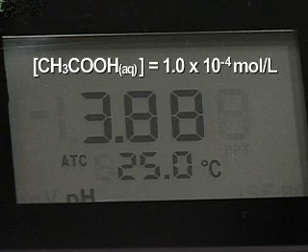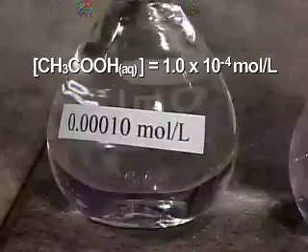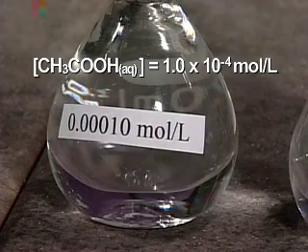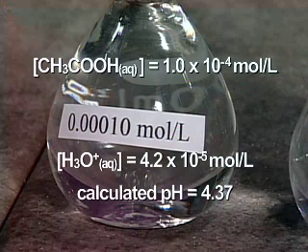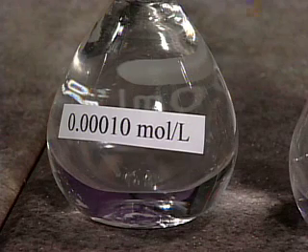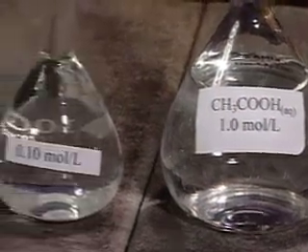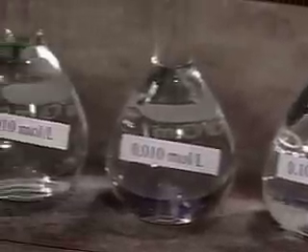The measured pH is 3.88. 0.00010 mole per liter ethanoic acid is 42.4% ionized, and the hydronium ion concentration is 4.2 times 10 to the negative 5 mole per liter. The measured pH is 4.40. These solutions can now be used in biological tests.